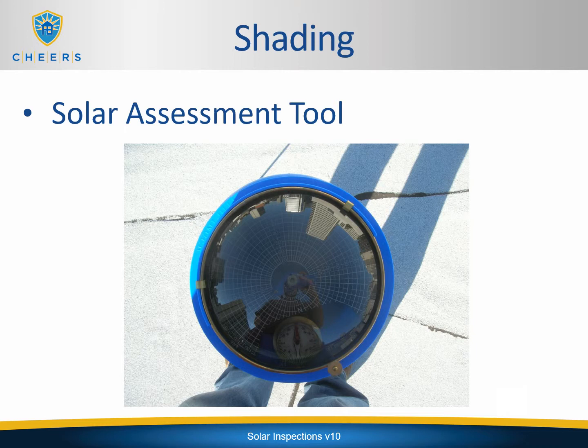This is a picture of what is called a Solar Pathfinder. It is a dome that is laid on top of a chart with a compass. You would then use a pencil to draw the outline of the neighboring structures. As you can see in this example, there are several tall buildings surrounding it.